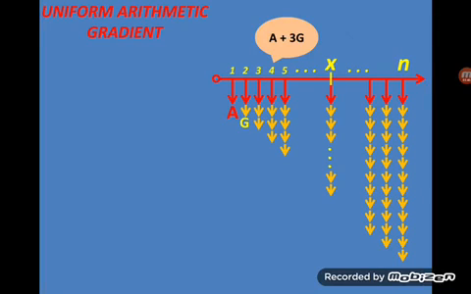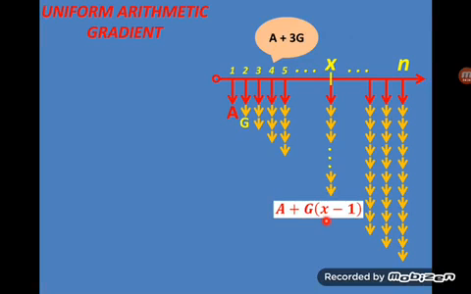In general, here we have the cash flow located at the end of the x period. Here we can say that the cash flow in this period should be A plus some number of G. If it is located at the end of the 100th period, the number of G will be equal to 100 minus 1, which is 99.